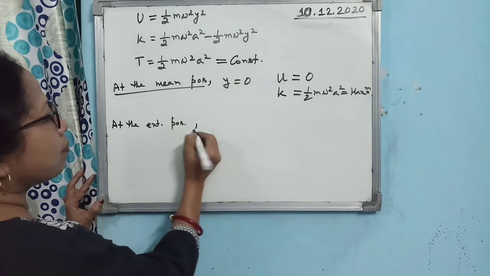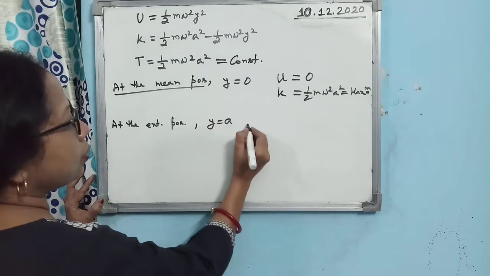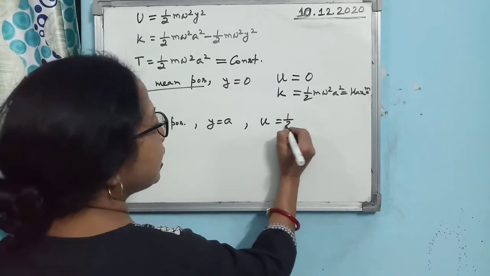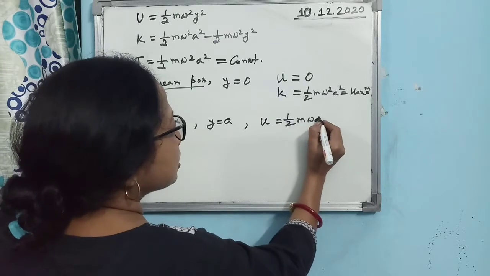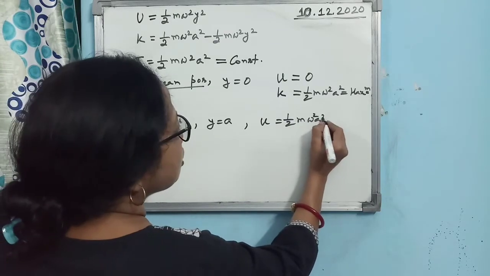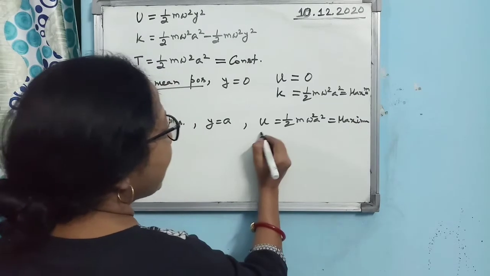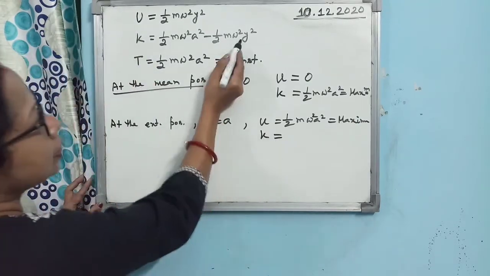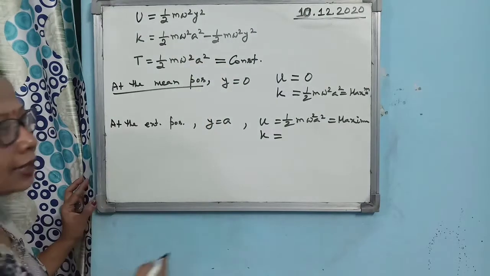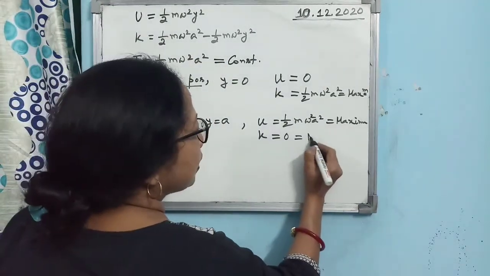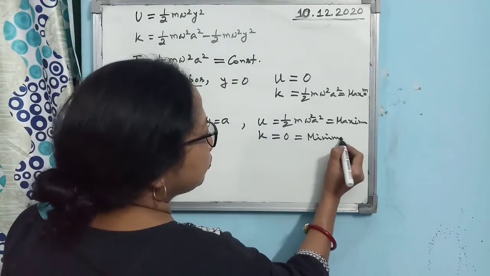At the extreme position, y is equal to a. So potential energy becomes maximum, half m omega square a square, whereas in kinetic energy these two terms get cancelled, so kinetic energy becomes 0, minimum.